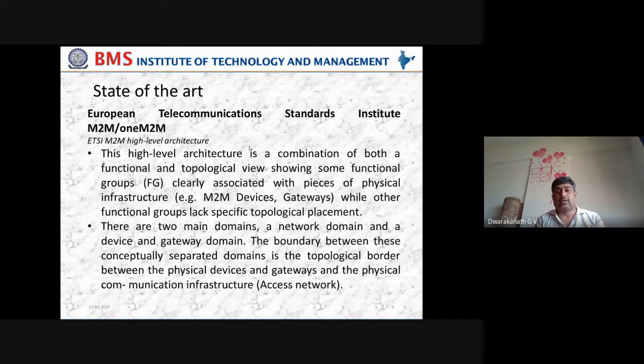So that network is different. After that, taking the entire project into consideration, how I am connecting to the cloud is the network domain. So that is the topological border between the physical devices and gateways and the physical communication infrastructure, that is, the access networks.